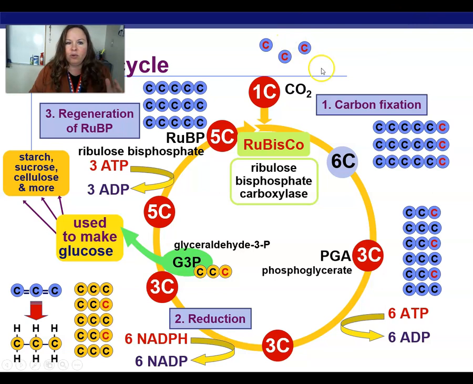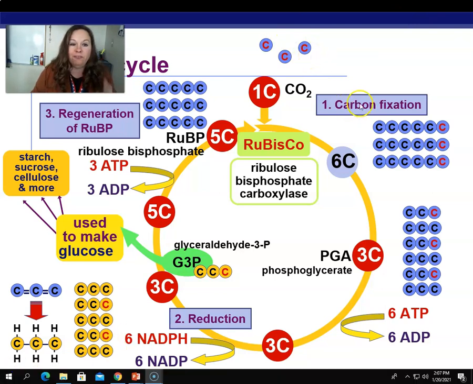At the beginning, we took carbon dioxide out of the air. We fixed it onto RuBP. Rubisco was the enzyme that did that, and ended up with a 6-carbon molecule. Then we broke that in half and added a phosphate group from the ATP. So we energized our molecule, which then sets it up so that it accepts the H's off of NADPH.